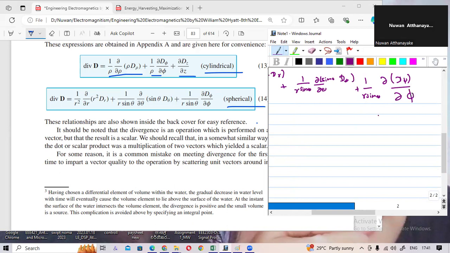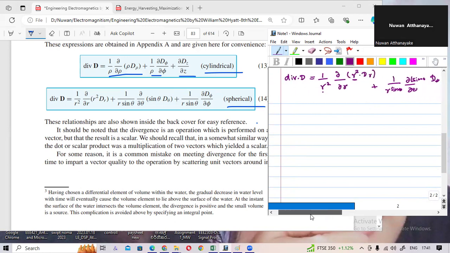So this is the identity to evaluate the divergence in spherical coordinates.